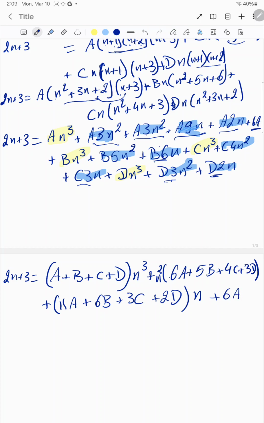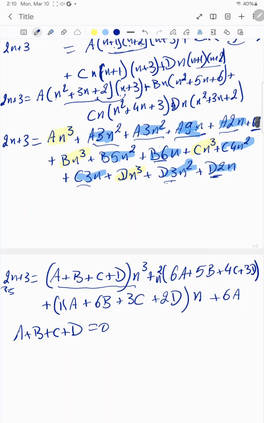So if I look at that, on the left hand side I have nothing with n to the power of 3. That means a plus b plus c plus d is equal to 0. And I have nothing with n to the power of 2, I don't have any coefficient with the variable n to the power of 2. That means my 6a plus my 5b plus my 4c plus my 3d is equal to 0.